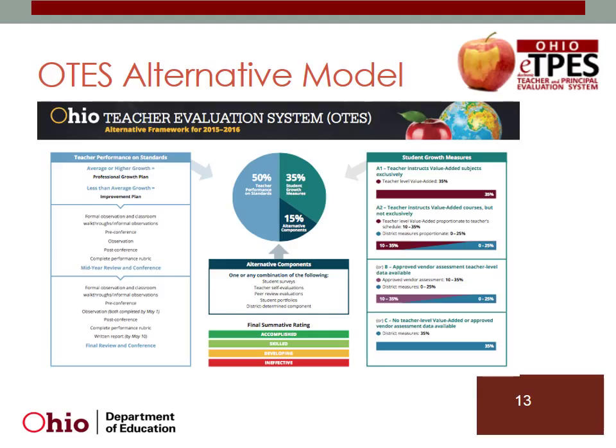This graphic depicts the alternative teacher evaluation model that has come about as a result of House Bill 64. As you can see, this represents that the evaluation is comprised of 50% performance on the standards, 35% student growth measures, and the remaining 15% is a choice from student surveys, portfolios, teacher self-evaluation, peer review evaluation, or a district-developed component.